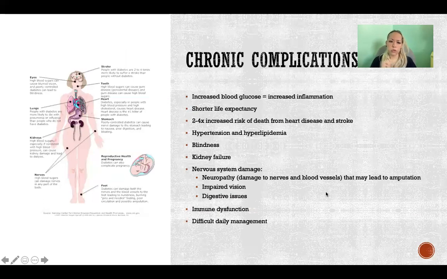All right, so some chronic complications of diabetes mellitus, and this could be type 1 or type 2, but most cases are type 2. But increased blood glucose means increased inflammation. So just having too much glucose in the blood is damaging to the structures where that blood flows. Think about it as a physical thing.